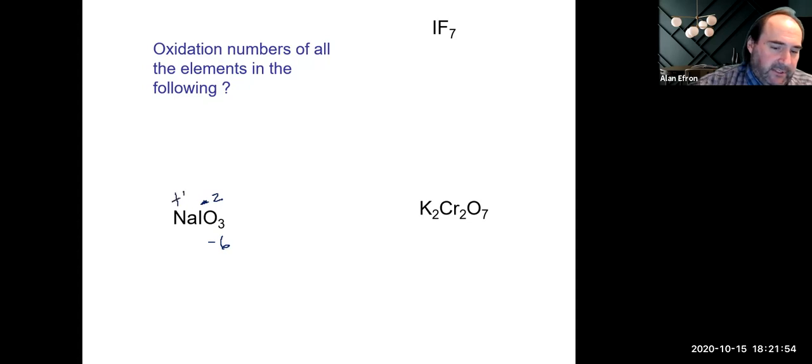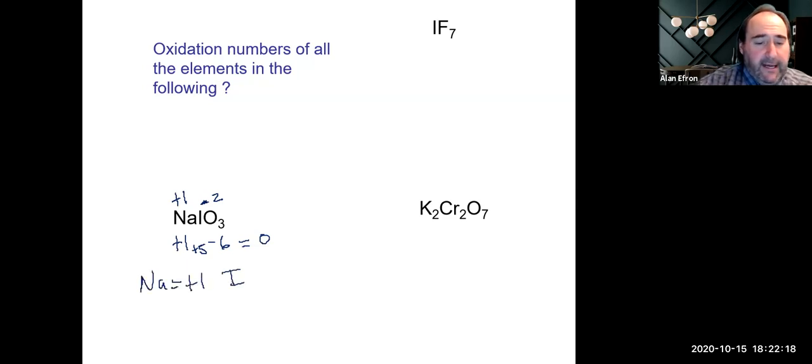So sodium is always going to be +1. Overall charge here is 0, which means when we put all this together, we got +1 and -6, which is -5, which means we should have a +5 for our iodine. So our oxidation numbers would be sodium is +1, iodine is +5. Make sure you include the charge. Oxygen here is -2.